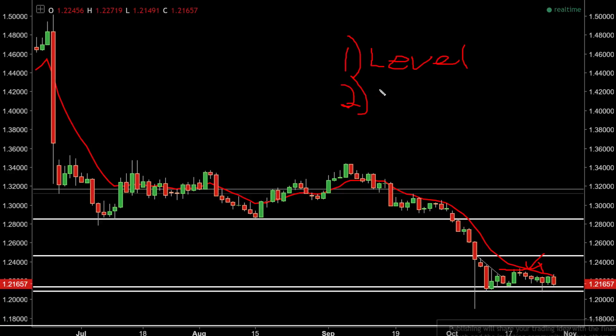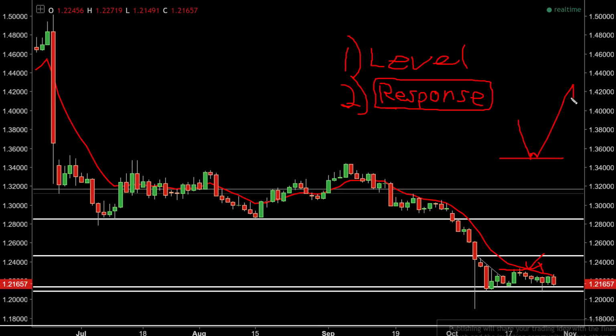And the second one is, what is the price response to that level? This is the biggest key thing ever. What happens to price? Does it go slamming down to support, hold straight away and bounce off? Does it go slamming through the support, hold below, and then get lower? If you have positive news coming out at this point as it pushes up and then comes back and turns through, how important is that?